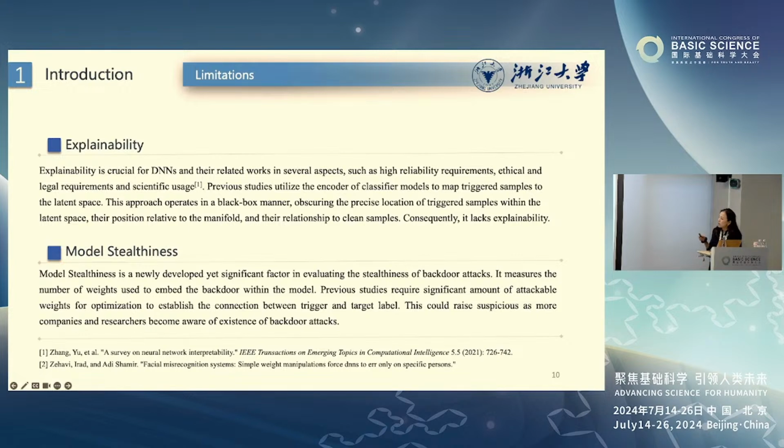I will see that for this kind of reversibility, we know that for the DNNs and as the high aesthetic utilize a map the latent space, and that kind of approach is a black box manner.